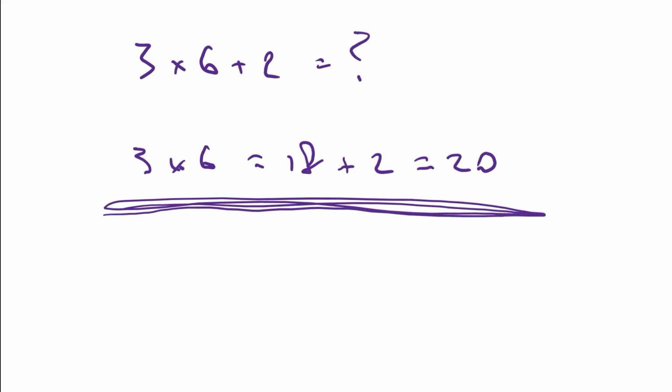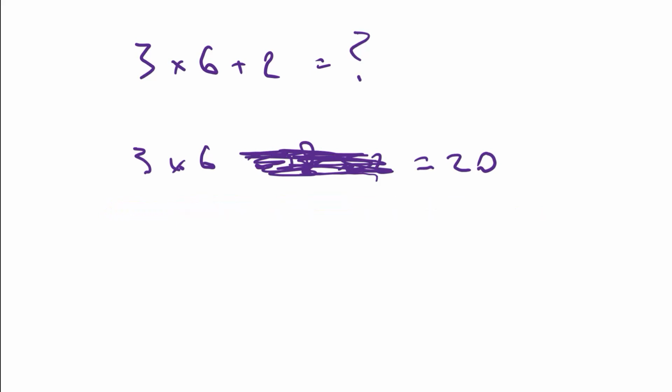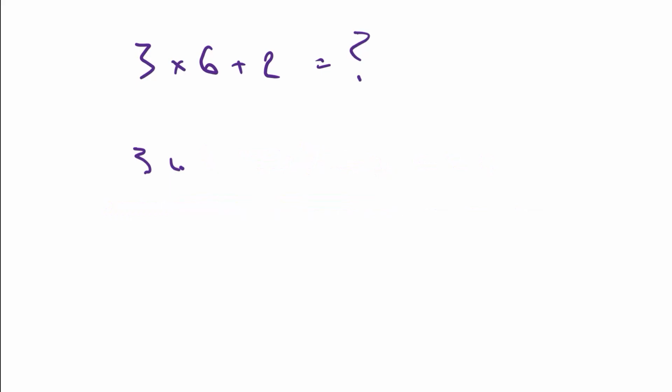Okay, so when we have two equal signs like this, we could actually get rid of that middle guy and just read it as 3 times 6 equals 20, and that is not correct because what we've done is combined steps. Don't do that. Simply split it up, do them one at a time.